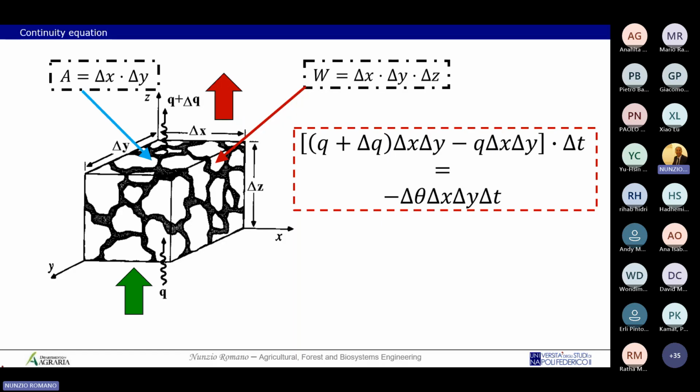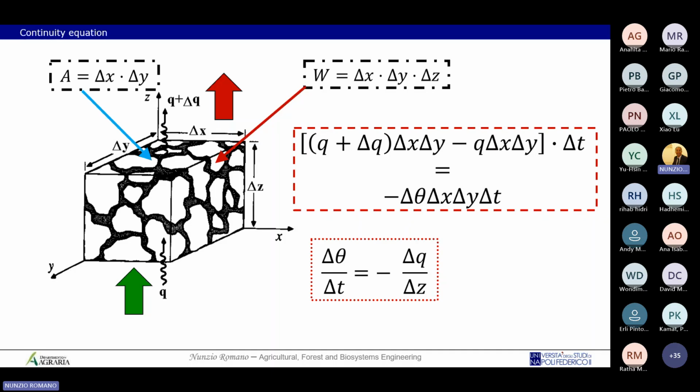So if we arrange things, we have that delta theta over delta t, so the variation of soil water content with time, should be equal, and with opposite sign, to the variation of the flow in the vertical direction.